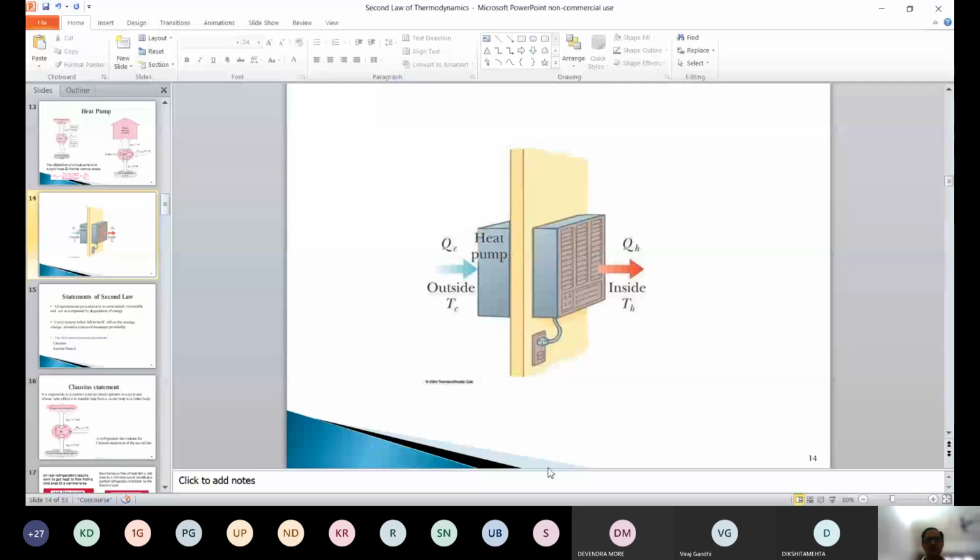Okay, so this is a representation of the same thing. Outside air is low temperature, and the heat pump is pumping heat inside the room.